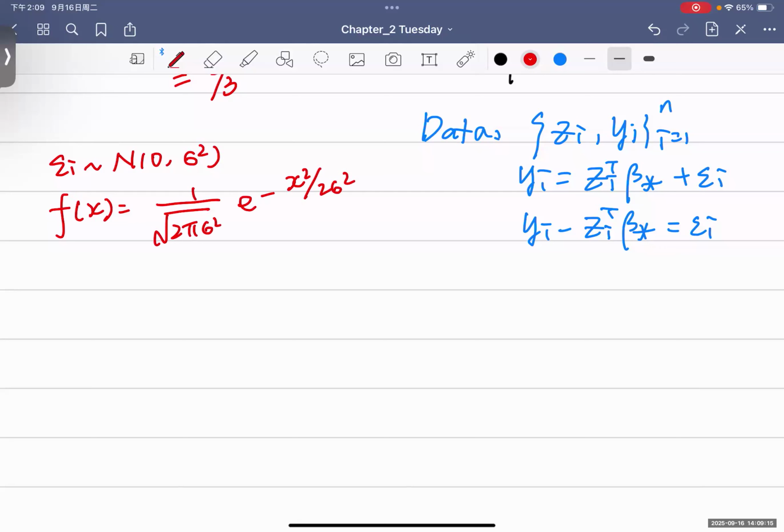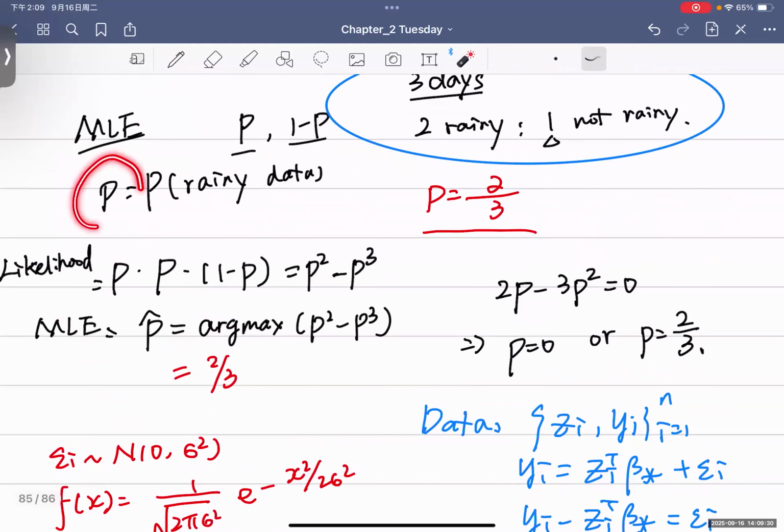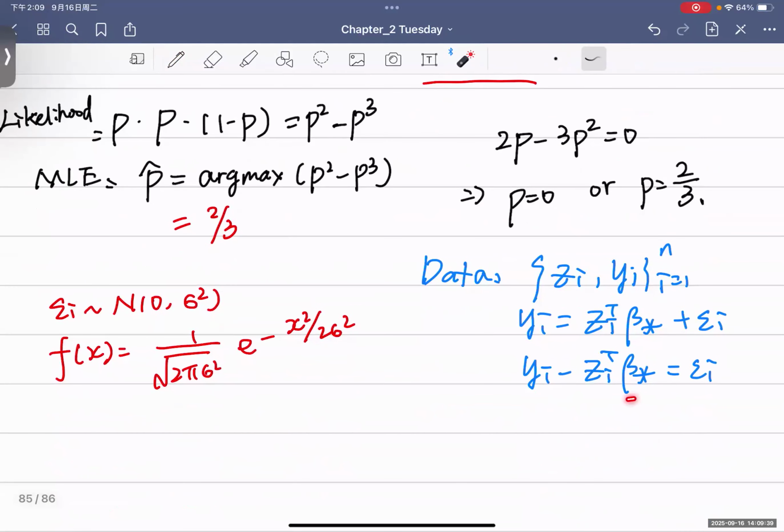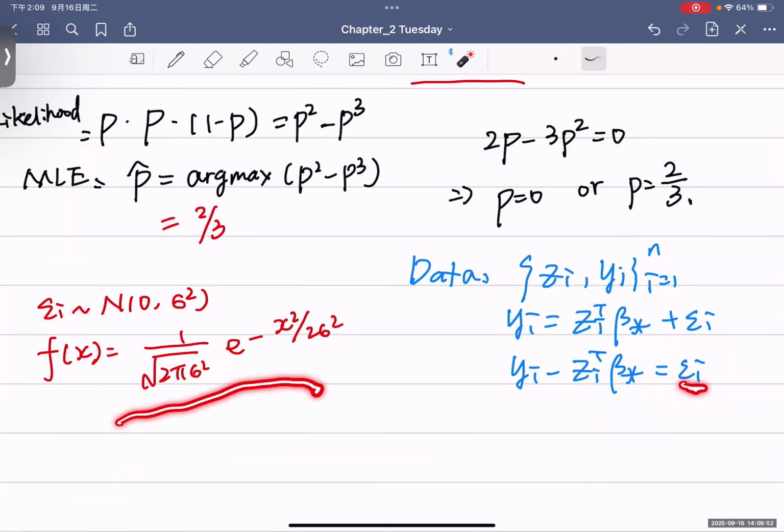Once we know beta, we can of course find the value of epsilon i, because epsilon i is just yi minus zi transpose beta star. This is the same thing I mentioned: once you know p, you can directly compute the probability that tomorrow is a rainy day. Once you know beta, you can know the probability of this random noise happening. The density function tells you, if you take in epsilon i, the corresponding probability, so you just replace the x with epsilon i.